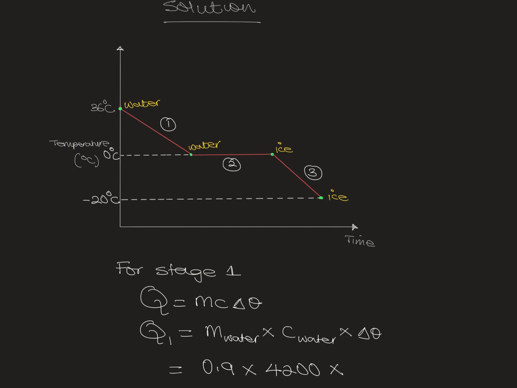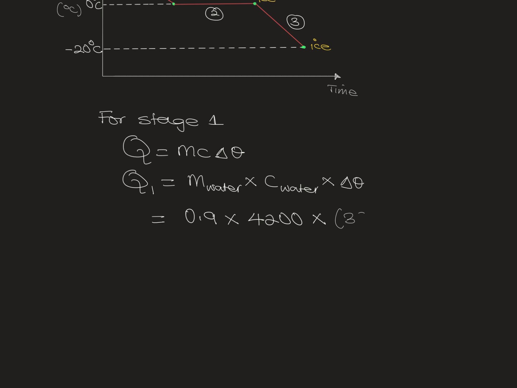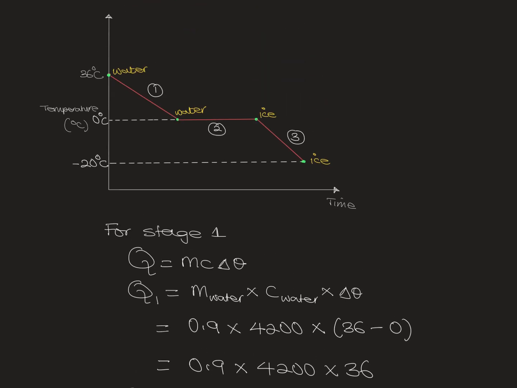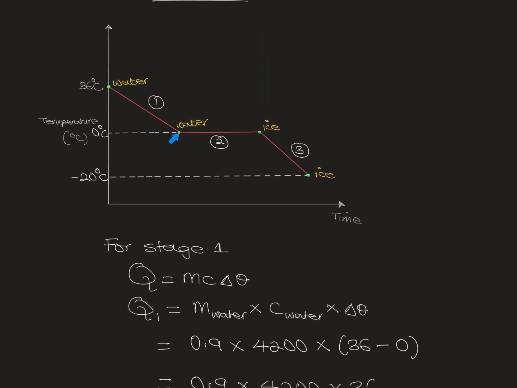So that is 36 minus 0. Okay, it will be the initial temperature minus the final temperature. So that is 0.9 times 4,200 times 36. Q1 is 136,080 joules.